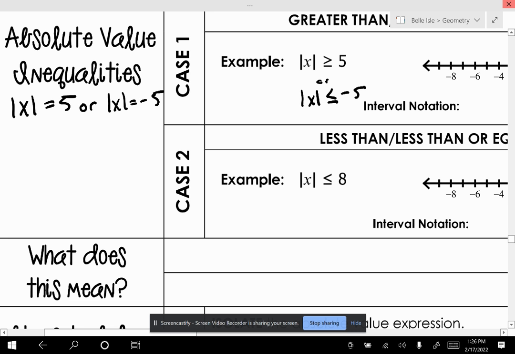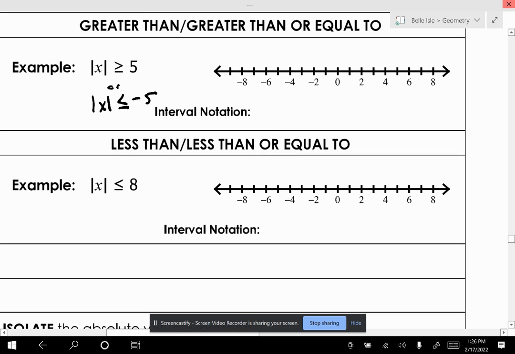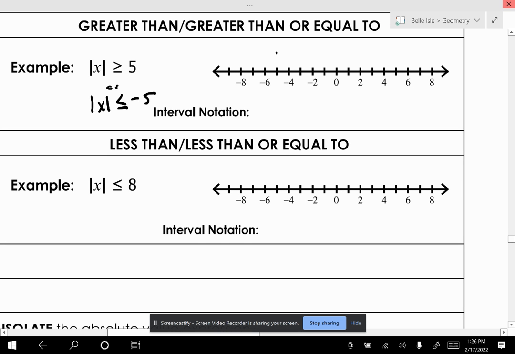Flip it and change. Then when we go to graph these, we have a point at 5. We have a point at negative 5. Closed or open? They are both closed.